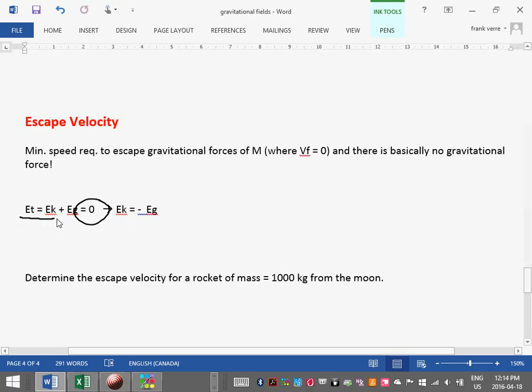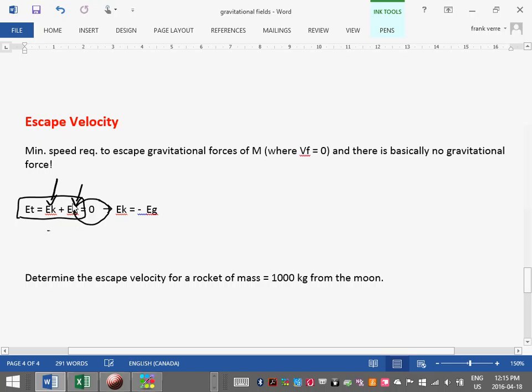Here's the total energy of my rocket ship. At the surface of the Earth, when the rocket ship isn't moving, which of these two does it have? Ek or Eg? At the surface of the Earth.